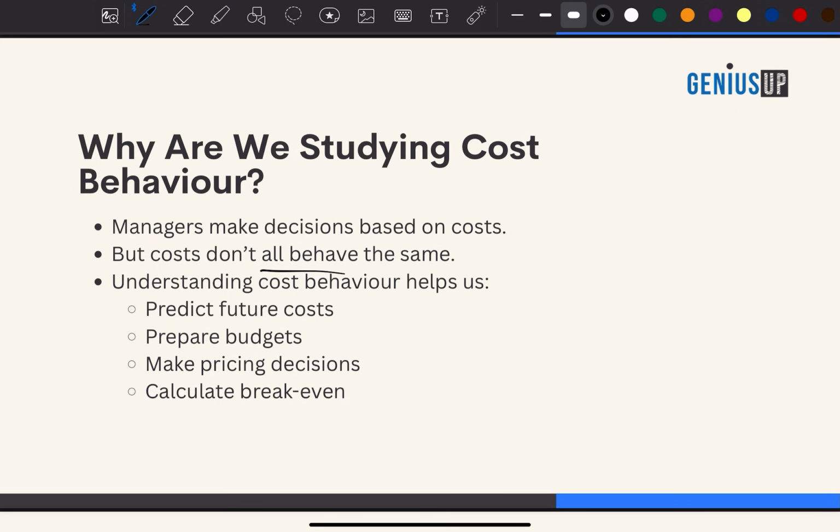Understanding cost behavior will help us predict future costs, prepare budgets, and make pricing decisions: how much should we price our products? It also helps us calculate our break even, so that we know how much we need to produce to start making a profit. So understanding cost behavior is really important because we can make better management decisions.